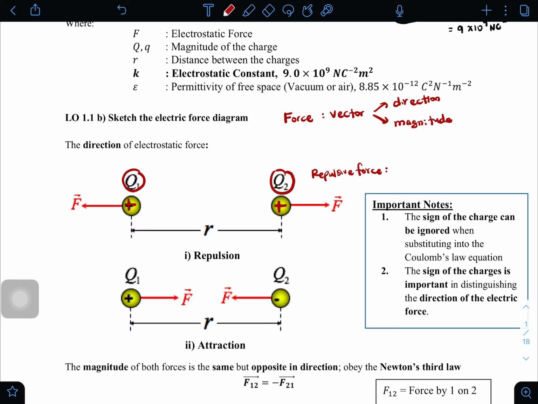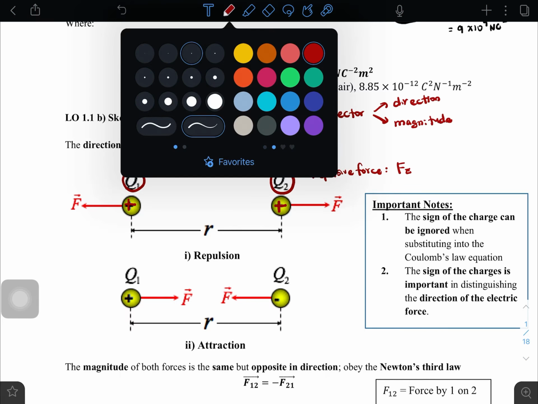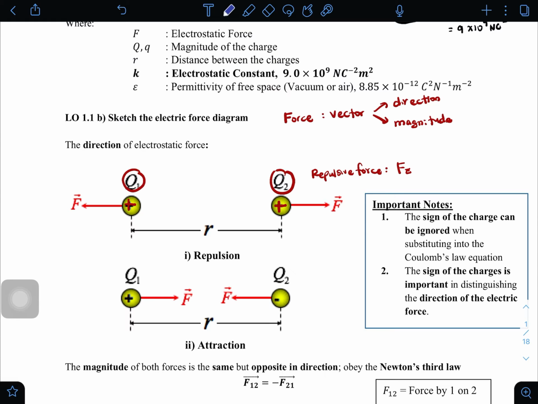Repulsive force is one of the electrostatic forces. Because they repel, we will have a force to the left and a force to the right. How do you label them? The first one is F on 1 by 2, then this one is F on 2 by 1. Or we can use F by 2 on 1, then F by 1 on 2.